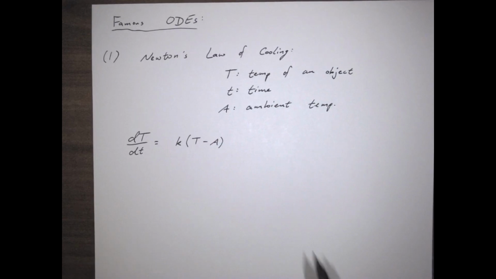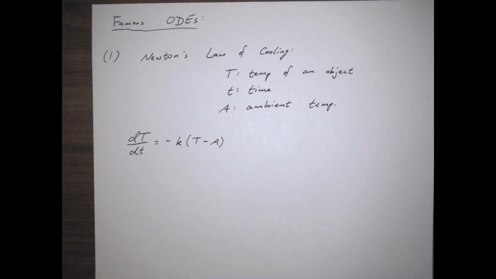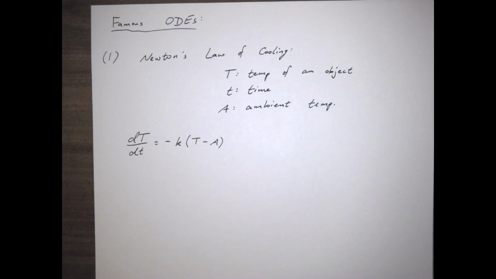Now, in order to make that very clear, it's usually written like this. So the k here could be considered to be a negative constant, but just to indicate that the relationship here is inverse. So when the difference between the temperature of the object and the room is positive, then that means the temperature of the object will be going down.